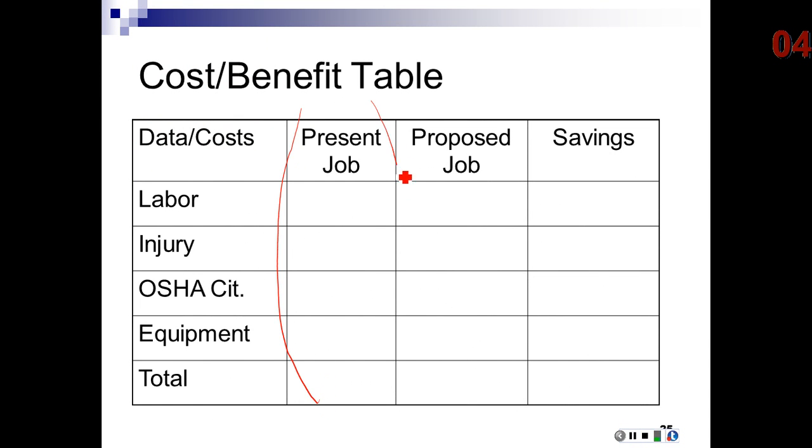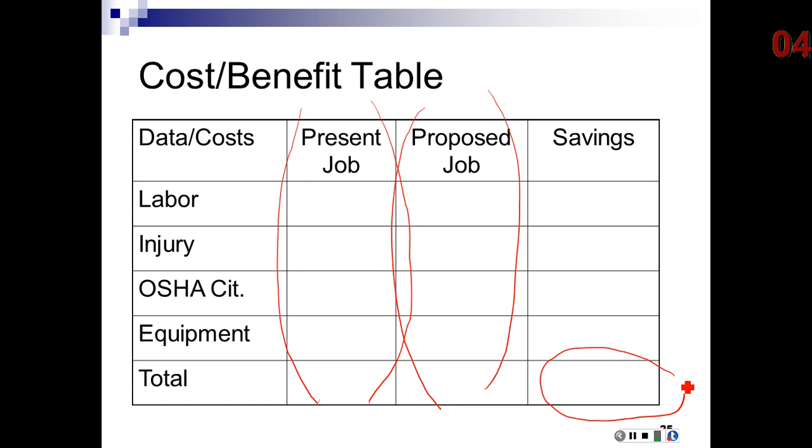So as the job is currently done, how much is it costing in labor, injury if you've had that, potential OSHA citation, equipment, and so on. So we'll compare the present job to the proposed job, to look at any anticipated savings to try to come up with a total savings in the first year. And so we're going to try to come up with estimates for each of these boxes.